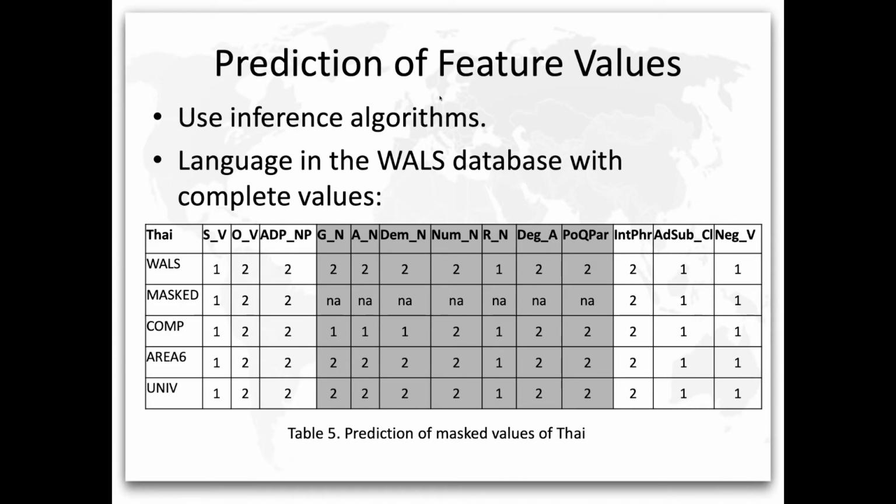Next is prediction of feature values using inference algorithms. We use Thai as an example. We mask the 7 values, and we use 3 models to predict the values. The Univ model predicts all values correctly.